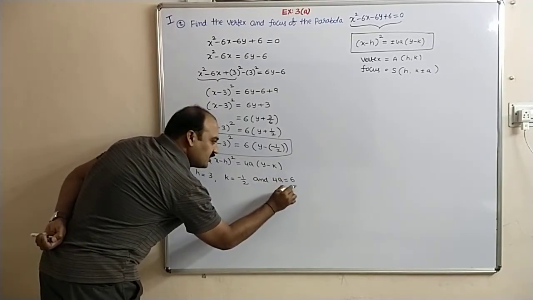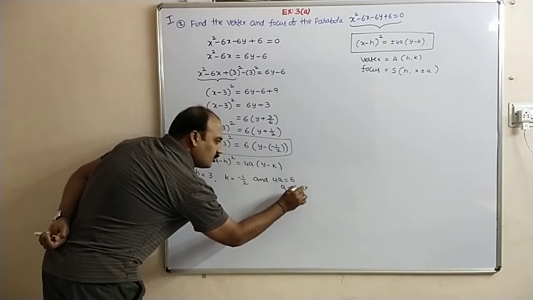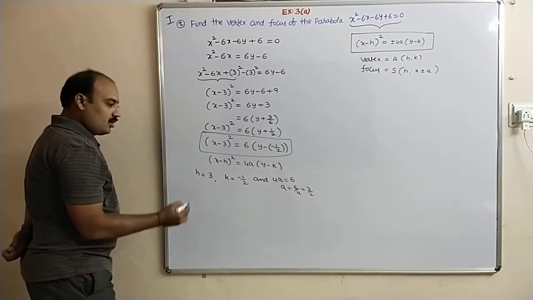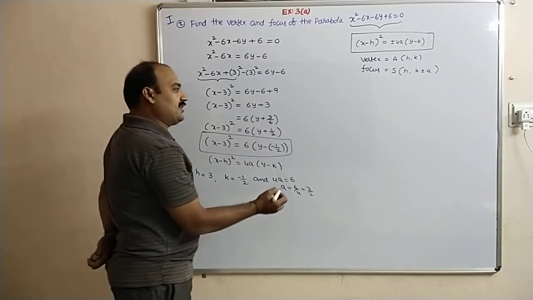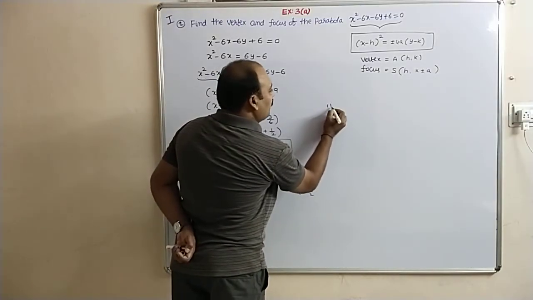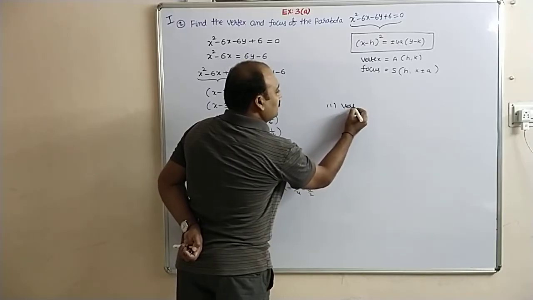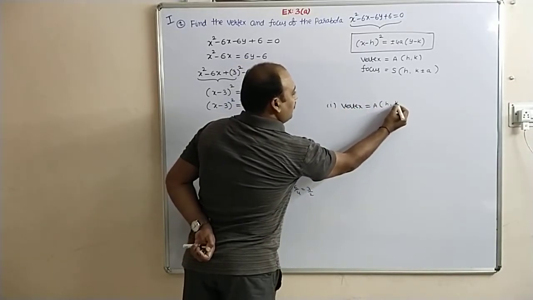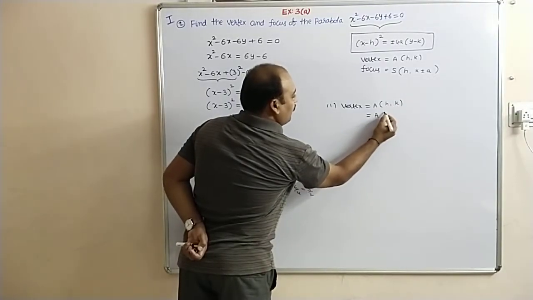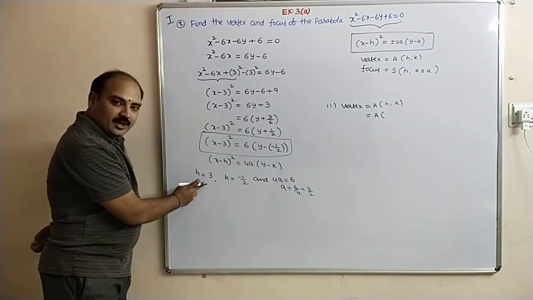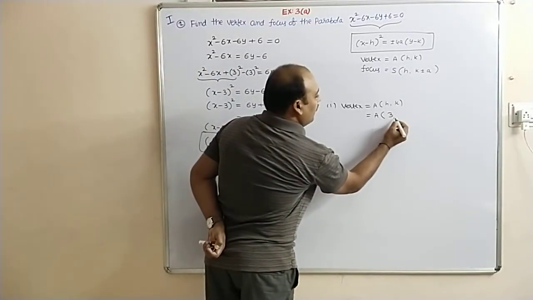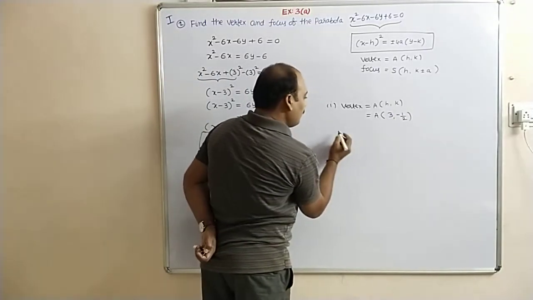So a equal to 6 by 4, which is equal to 3 by 2. After getting these values, vertex and focus. First one is vertex. A of h comma k. A of h value 3, k value minus 1 by 2. So 3 comma minus 1 by 2.